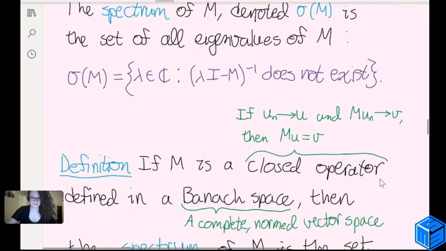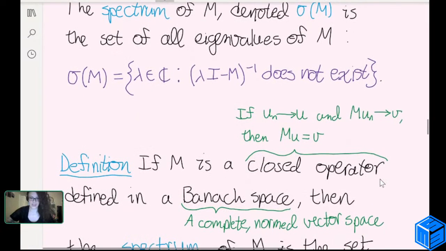So first we need M, which is an operator now. It has to be a closed operator. So a closed operator means that if we have some sequence u_n that converges to u, and the action of M on these vectors u_n converges to v, then we have that M acting on u is equal to v.